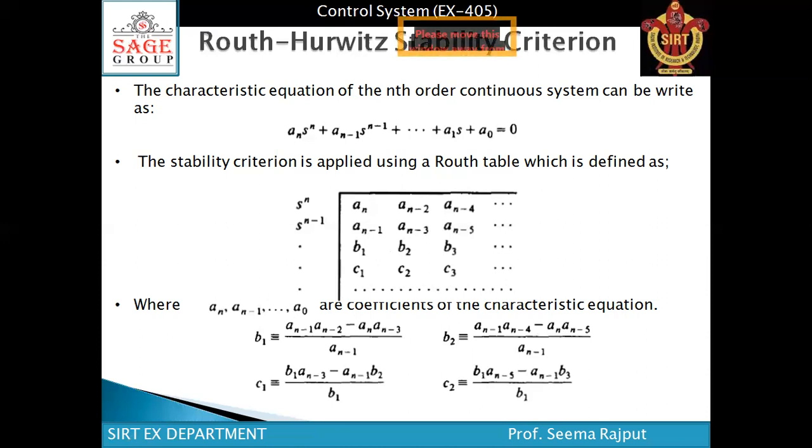Then we calculate b1 equal to (a_(n-1) a_(n-2) minus a_n a_(n-3)) upon a_(n-1). And b2 equal to (a_(n-1) a_(n-4) minus a_n a_(n-5)) upon a_(n-1). Then find c1 equal to (b1 a_(n-3) minus a_(n-1) b2) upon b1, and find c2 equal to (b1 a_(n-5) minus a_(n-1) b3) upon b1.